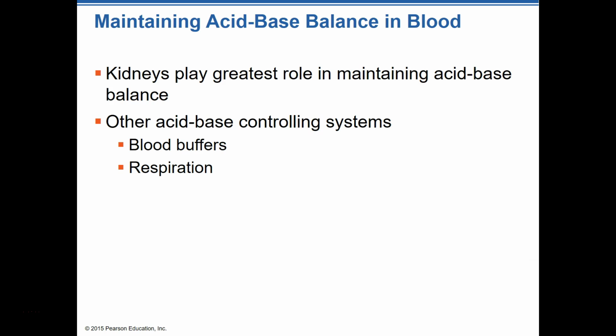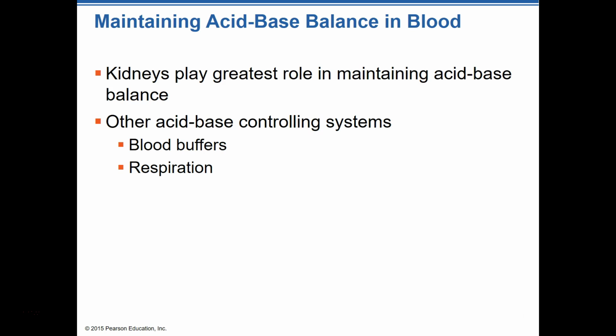Kidneys play the greatest role in maintaining acid-base balance. They're not the fastest, like I said, in correcting an acid-base balance problem, but they do play the greatest role in maintaining that. So they're constantly maintaining that, whereas the other systems may not have to be kicked in quite as fast.